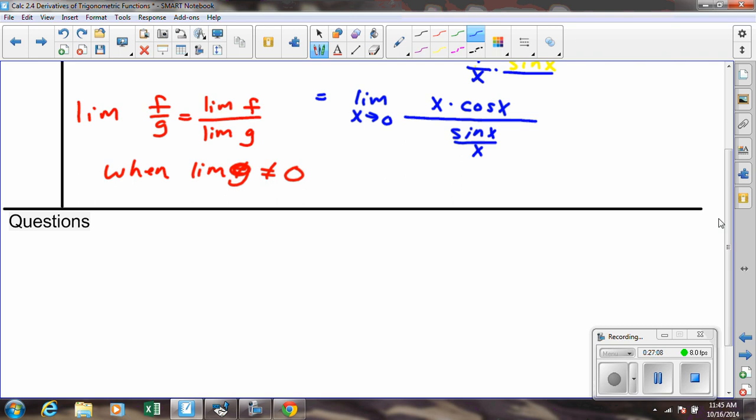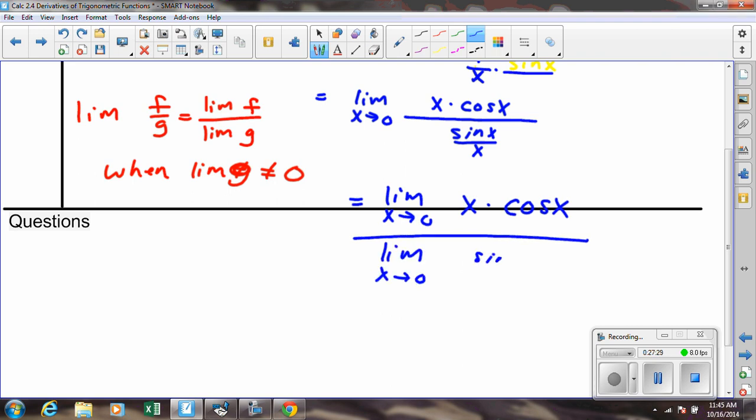But now we would see that this piece goes to 1. Because it goes to 1, we are actually allowed to split this up into two separate limits, and evaluate the overall result.